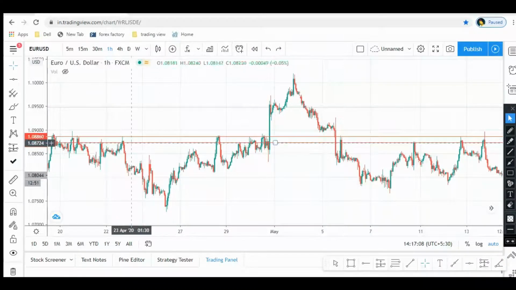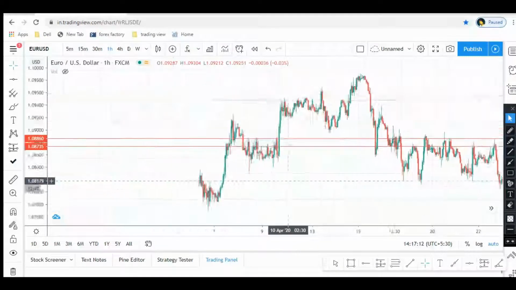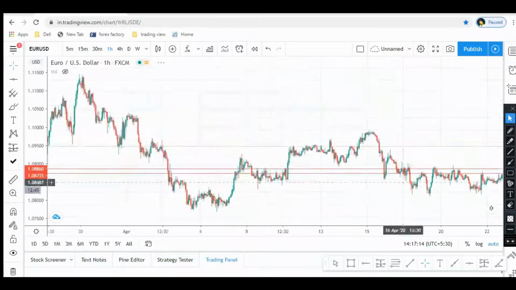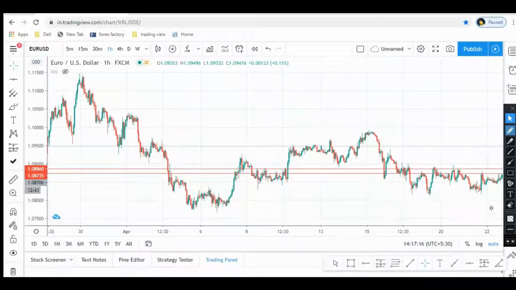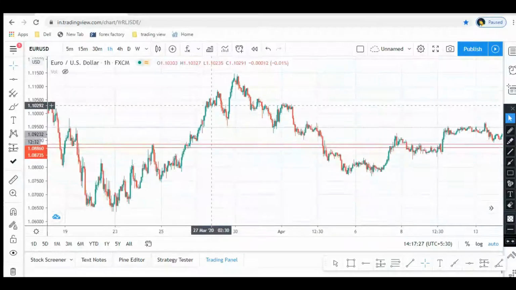Now we will go back. Let's see how strong this is. As you can see, the price acted as a resistance here itself, also here itself, here itself. Now we will go back again, more. We will find out how strong this is.